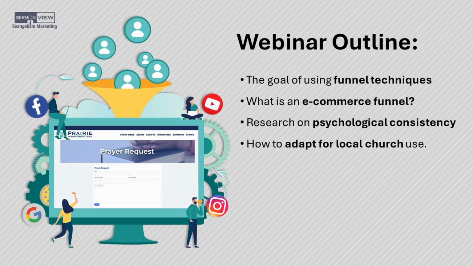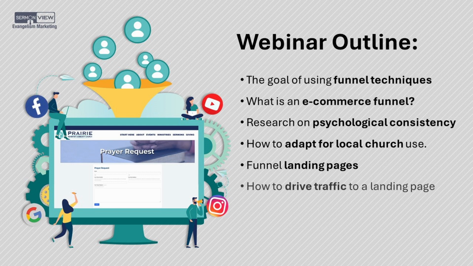Then we'll look at how you can adapt these concepts for use in your local church. And then we'll get into the components of an online funnel. We'll talk about the landing page of a funnel, as well as how to drive traffic to that landing page. And we'll also look at how to follow up these requests as they come in using both automation and personal touch.